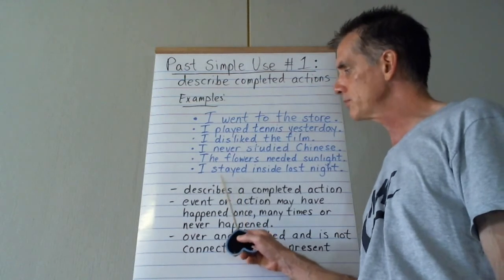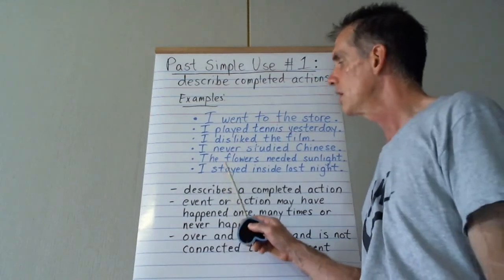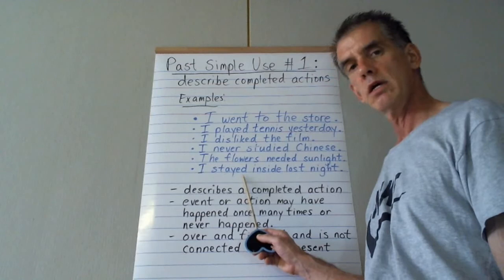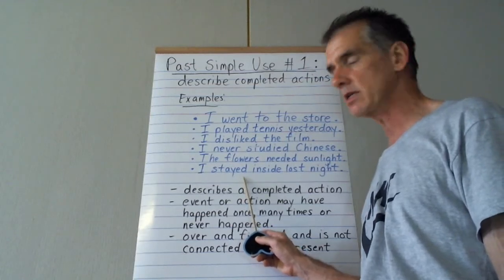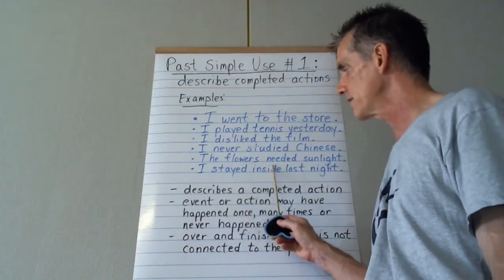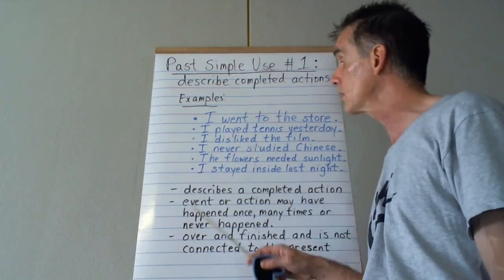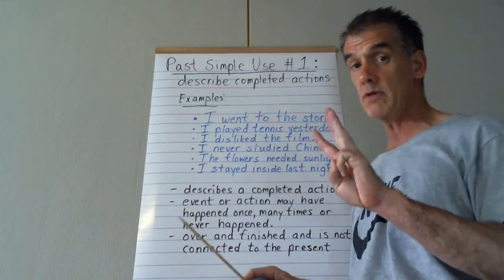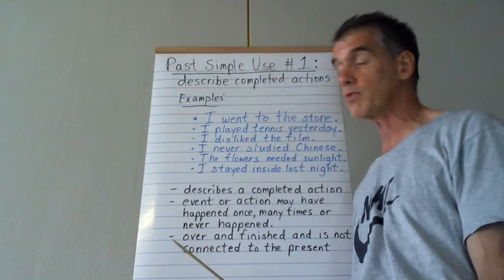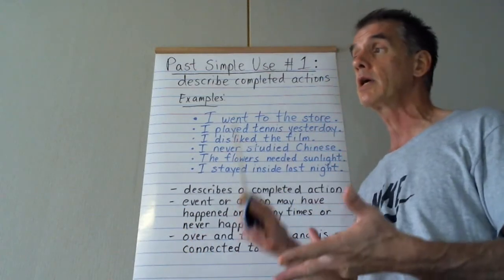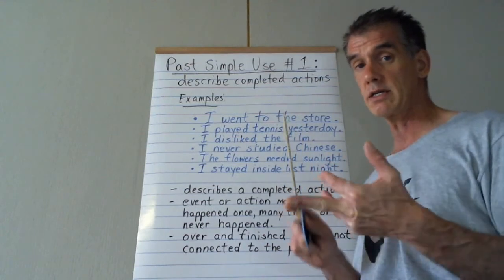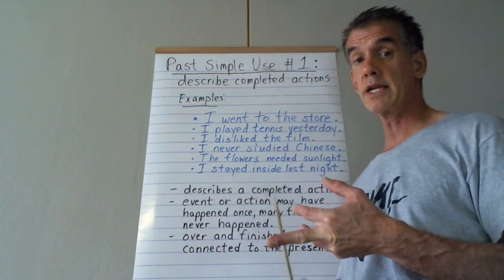Here are two examples, just to get off track a little bit here. Stayed. This ed has the d sound, so stayed. And then needed has the id ending sound. So the ed ending in the past has three different sounds. It has a d sound. It has a t sound. And then an id sound.